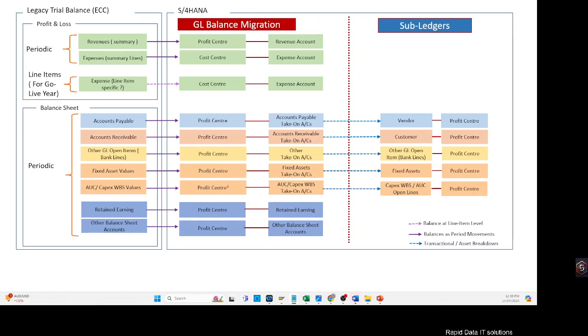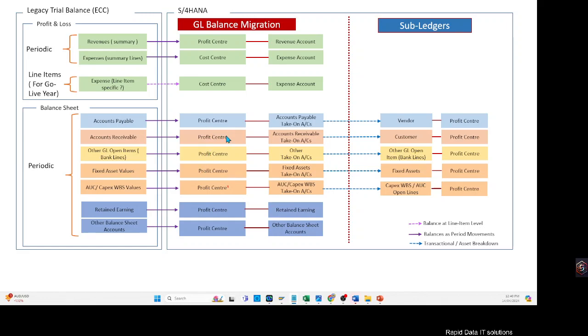So therefore, we basically take an approach of using a migration account, and that migration account eventually becomes 0 once the GL balance is completely migrated. So all the lines that we produce here from the data preparation for these line items or the periodic movements or the balance sheet from the opening balance, all of them are going into their individual accounts, and then the offset becomes the migration account.